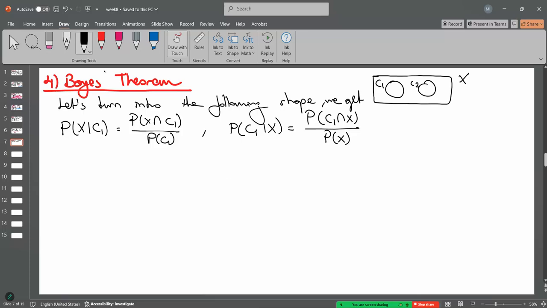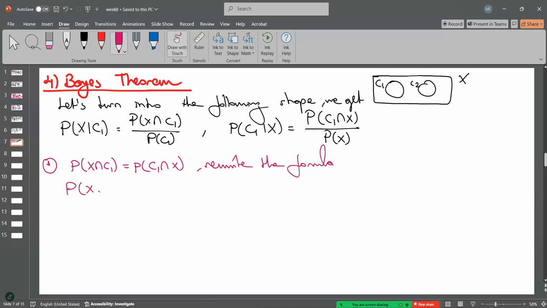And so just see that in this case we can show that P(x ∩ C1) must be equal to P(C1 ∩ x). These are identical. Okay? And so we can rewrite the formula just like this one. P(x ∩ C1) is written as P(x | C1) times P(C1), right?